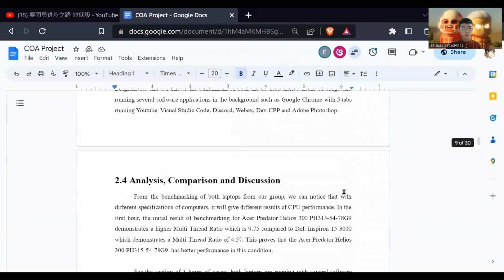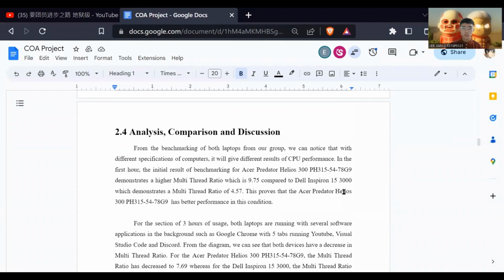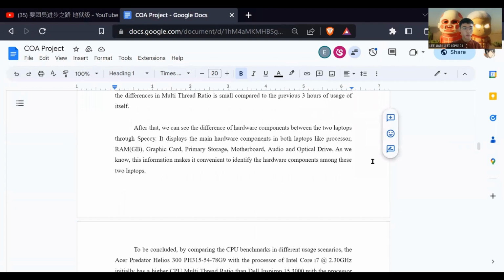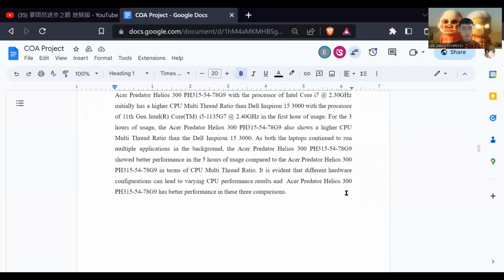So it shows that there is no significant decrease or increase in the Dell Inspiron 3000, and for the Acer Predator Helios, although the multi-thread ratio decreased over time, it still outperformed the Dell Inspiron 3000. In conclusion, we can say that the Acer Predator Helios 300 has better performance in this three-way comparison. That's all from me. Thank you.